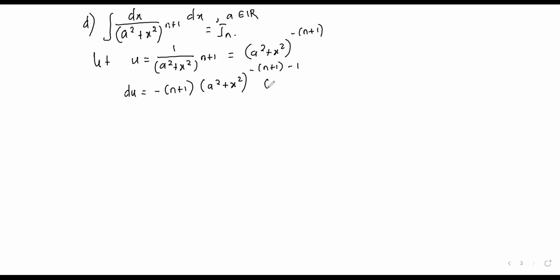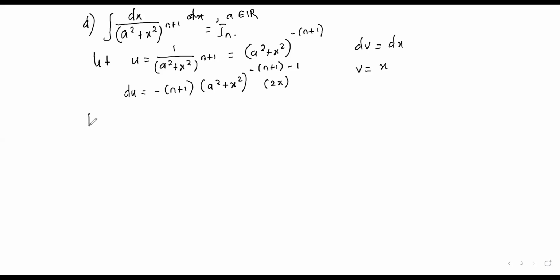And then we multiply by the derivative of the inside, which is 2x. And then our dv becomes dx, so that our v becomes x.